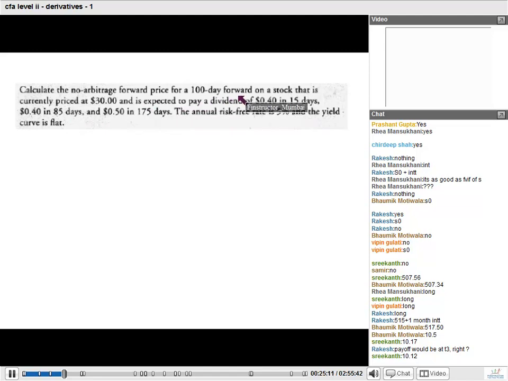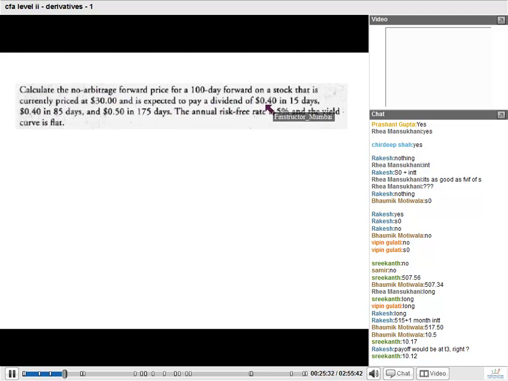Now, this stock is paying cash flows of 0.4 in 15 days and 0.4 in 85 days. So the formula remains the same, S0 into (1 plus R) raised to power T. However, S0 will be replaced by S0 minus the present value of the dividends.